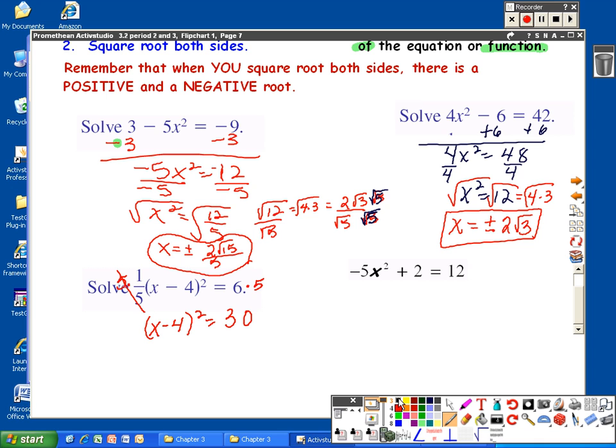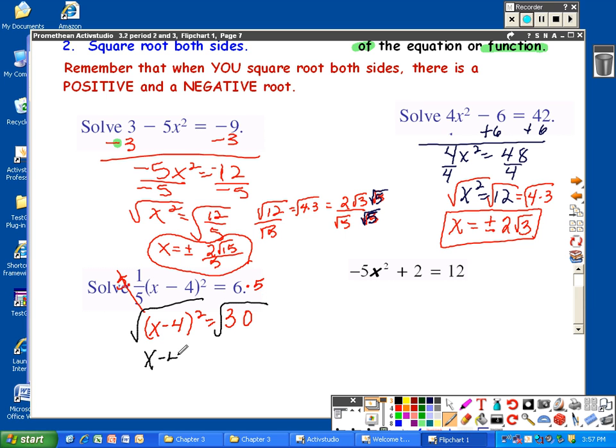Now I would square root. So x minus 4 equals plus or minus, let's see, 5 times 6, nothing comes out, the square root of 30. I still need to solve for x, so I would add 4. So we put 4 in the front. So x equals 4 plus or minus the square root of 30.